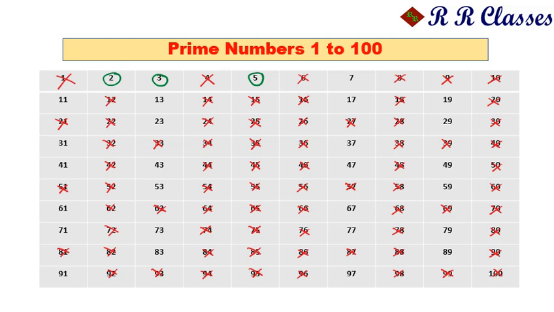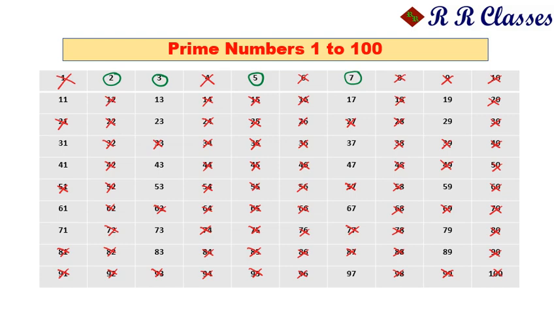Now encircle 7 and cancel all multiples of 7. 14, 21, 28, 35, 42, 49, 56, 63, 70, 77, 84, 91, 98.